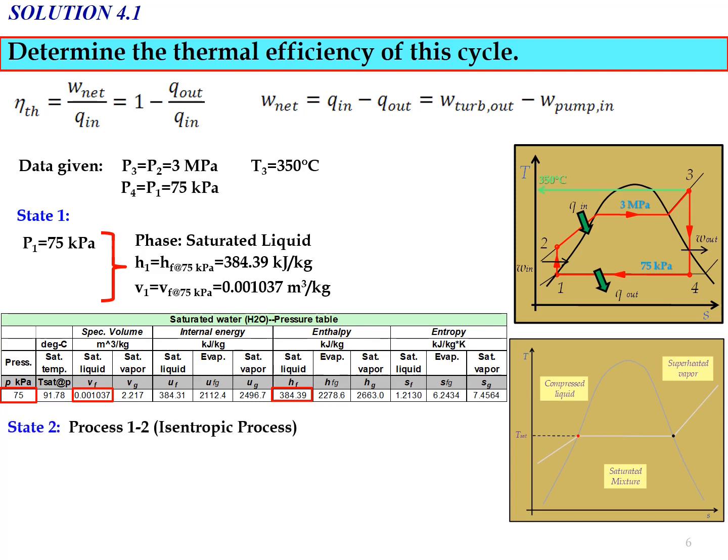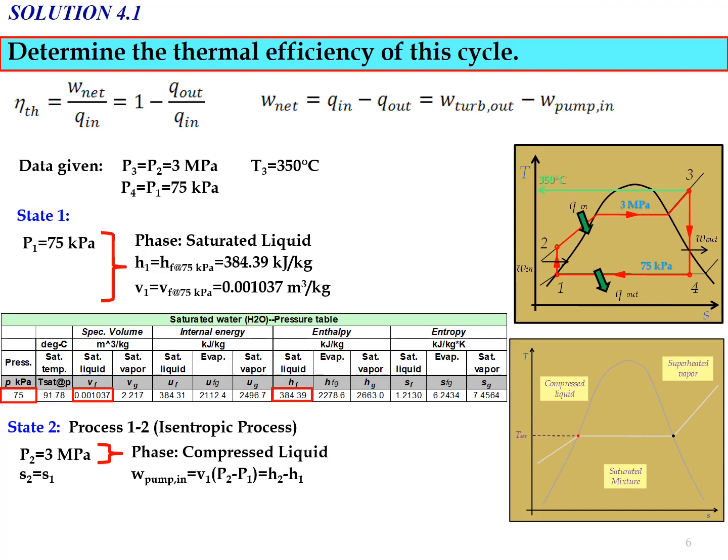For state number 2, we know that it involves the isentropic compression process, and the phase at state number 2 is compressed liquid. However, the pressure is 3 megapascal, below 5 megapascal, so if you refer to the compressed liquid table, the data for 3 megapascal is not available. So we need to use another method, where we know that S2 equal to S1 and the phase is compressed liquid.